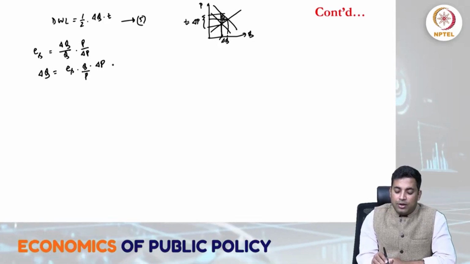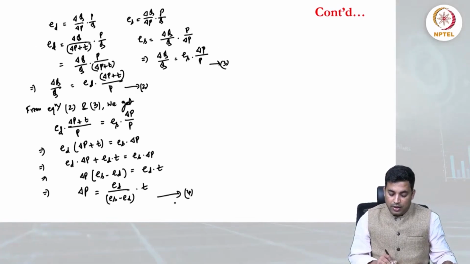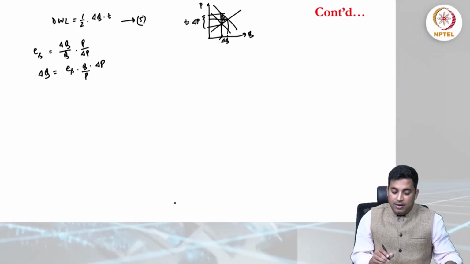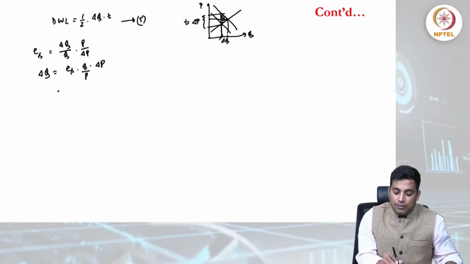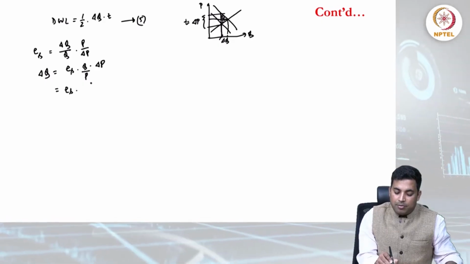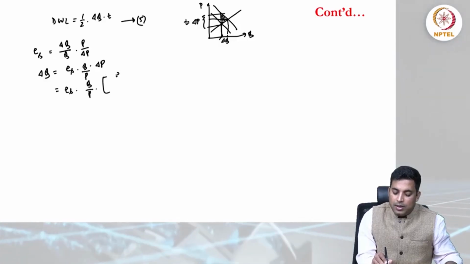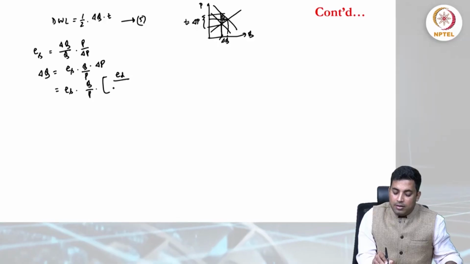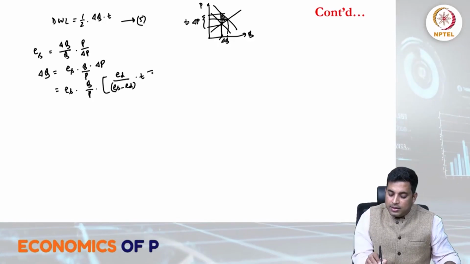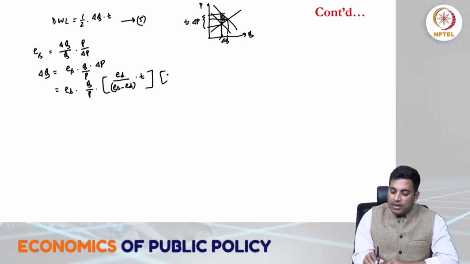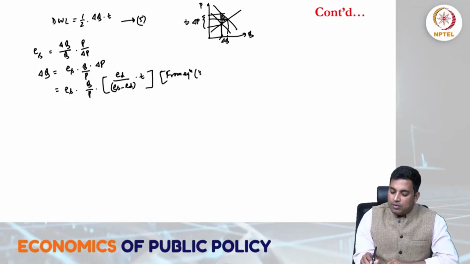Now we know the value of delta P from our equation 4, so where delta P is, we can put the value of delta P, which is E_D by E_S minus E_D times T, and this is what we are getting from equation 4.